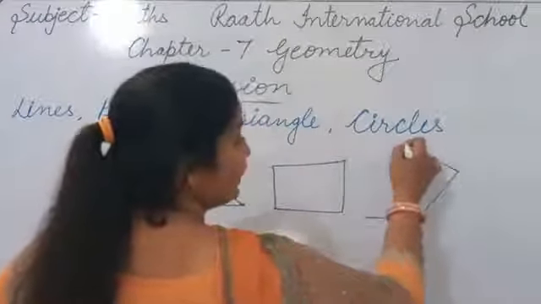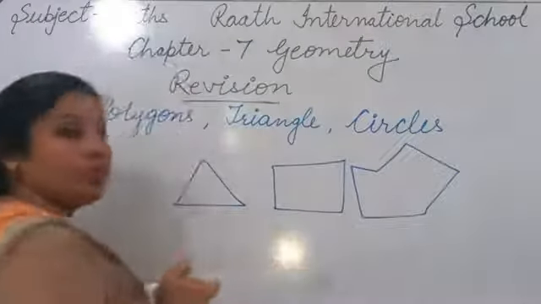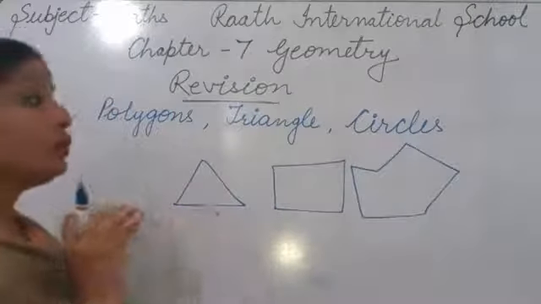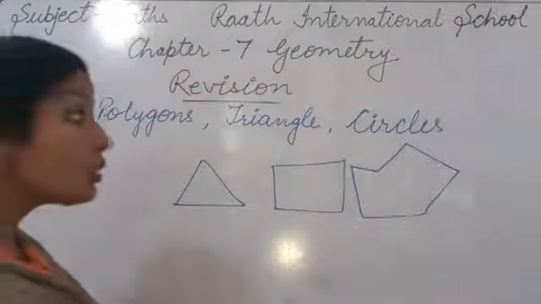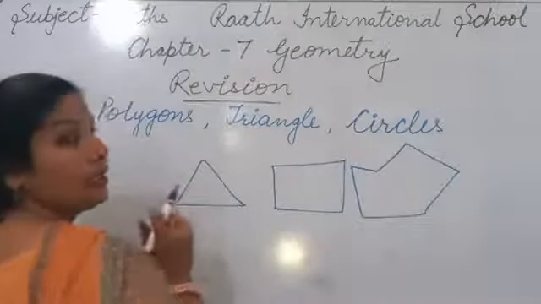If you have like this, they are not crossing, so this is also a polygon. Okay, when they do not cross, a closed figure made up of line segments.